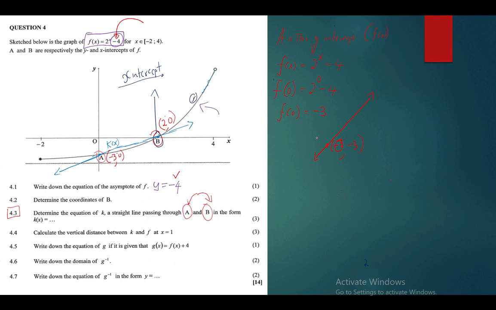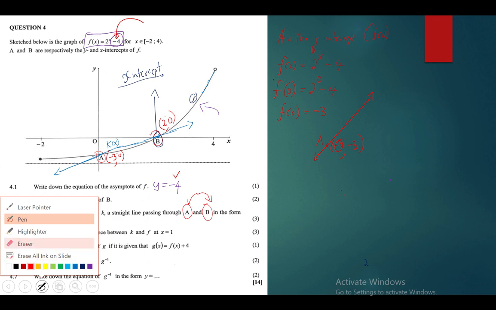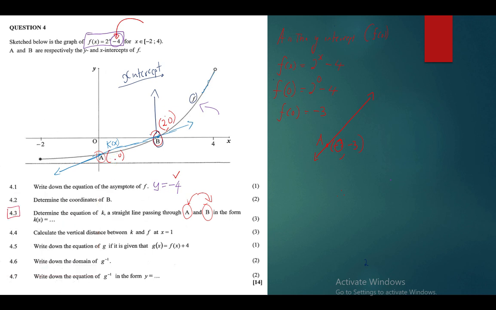To find the y-intercept, you let x be 0. Let me erase this. It should not be negative 3 and 0. The coordinates of A is 0 and negative 3. My apology. You need to be careful of this kind of mistake. So A is 0 and negative 3, where B is 2 and 0.